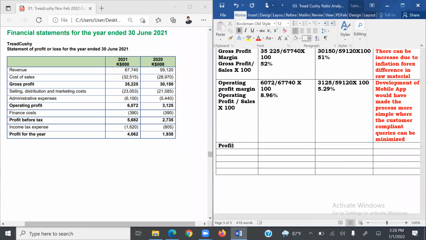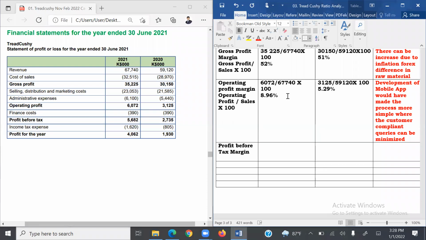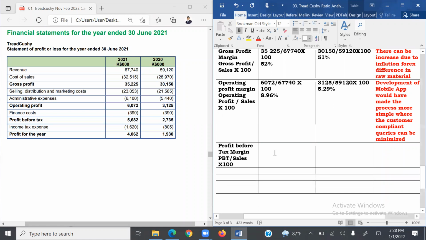So let's do the next calculation, that is profit before tax margin. Again, students, when you see the word margin, just remember it is sales. So I'll write down PBT, a short term for profit before tax, divided by sales multiplied by 100. So 5,682 is the profit before you paid the tax, divided by 67,740 multiplied by 100.